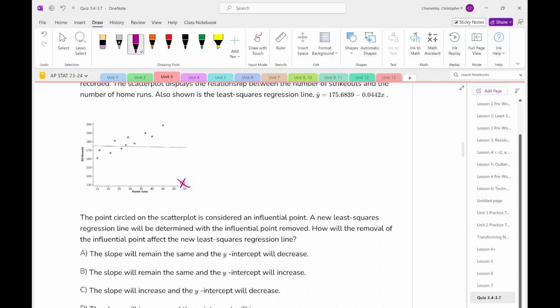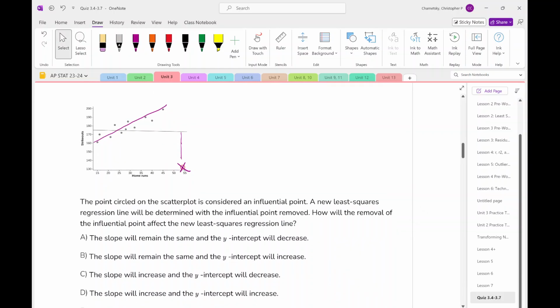Right now this point is pulling that line down, so you can think of it as a string, and if we removed it, it's like snapping that string. Our regression line is going to come back and fit better into the rest of these points.